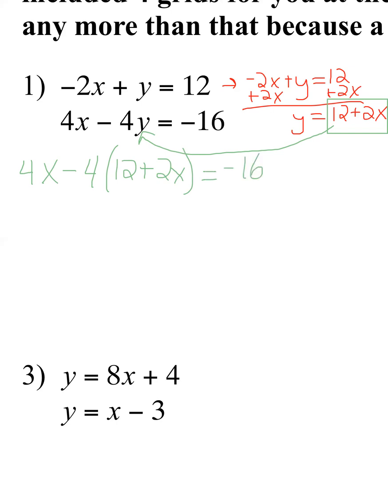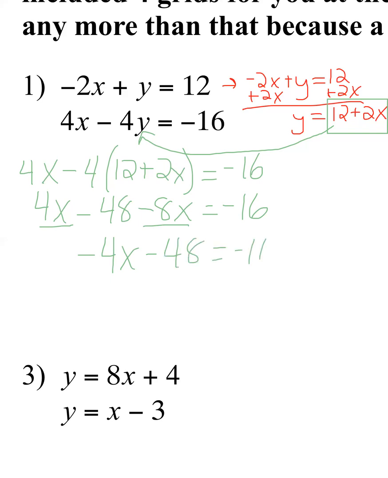Okay, and now I have x all by itself. I can go ahead and solve. 4 times 12 is going to be a negative 48 minus 8x equals negative 16. I'm going to go ahead and combine like terms. So it's a negative 4x minus 48 equals negative 16. Add 48 to both sides.